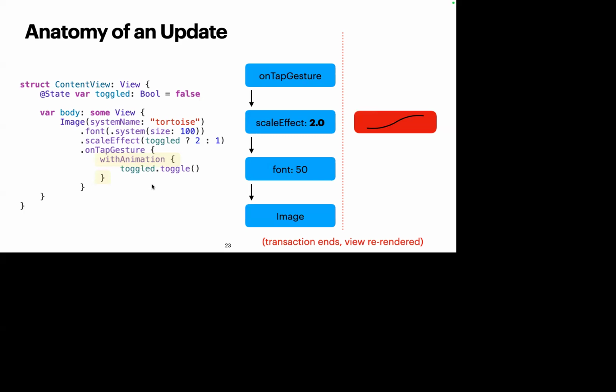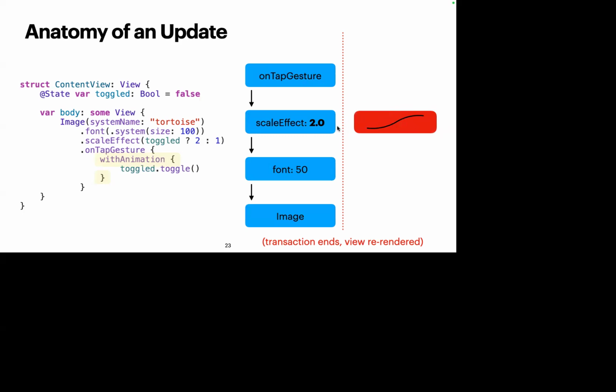If you don't specify what type, you can also specify the type of animation, and we'll see that later, that transforms this curve to something different. So if you want a more springy effect, this curve might look like this. It might go up really fast and then go down, or you want to ease in, so you start lower and then accelerate out, or there are different kinds of varieties and versions of it.